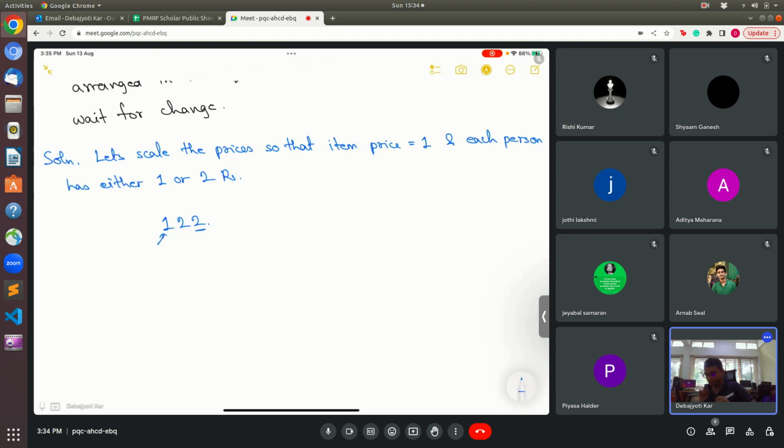That is very clear. Now, when the second person comes, the counter already has a 1 rupee note and can give it. So the second person again does not have to wait for change. But the third person has to wait for change, right? Because the counter no longer has any 1 rupee note. So this is not allowed.